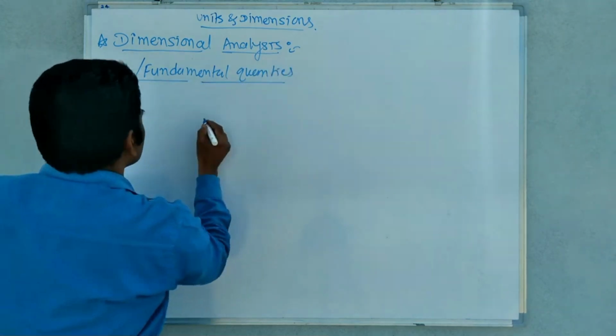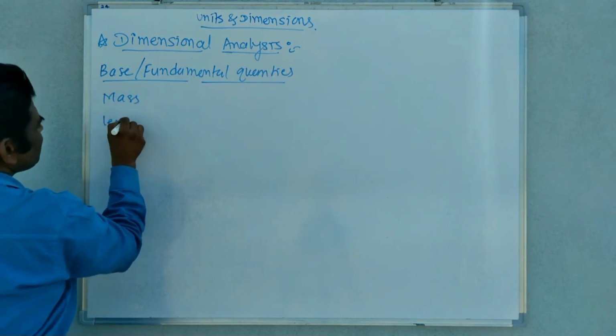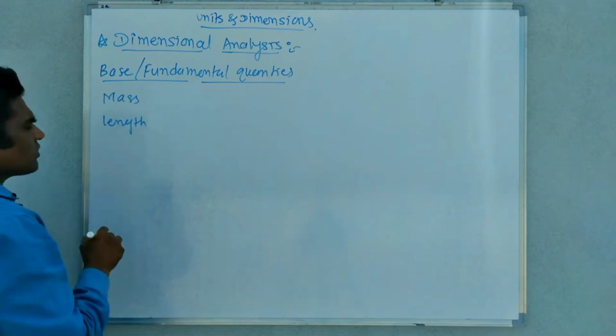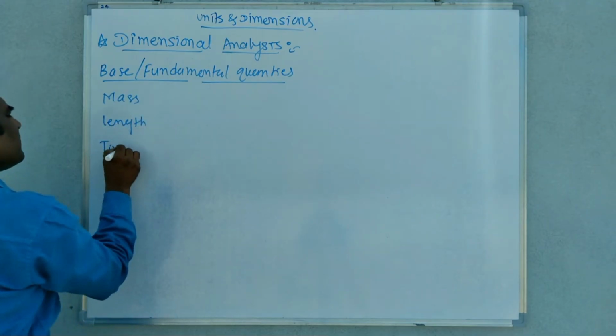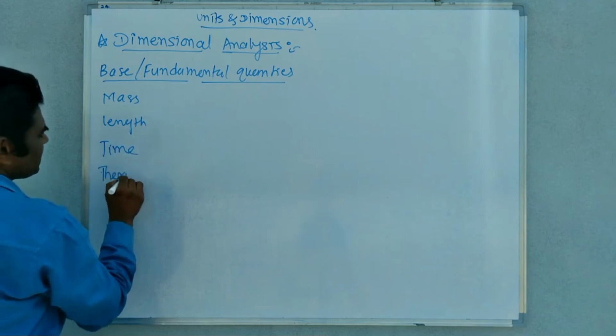Already we have discussed. Important is mass, length, and then another is time. These are the three main ones. Then thermodynamic temperature, or simply temperature.